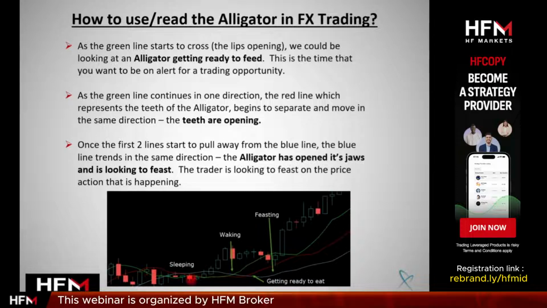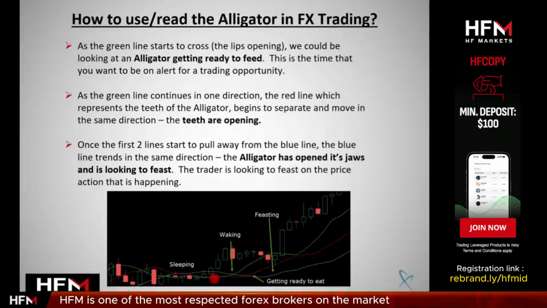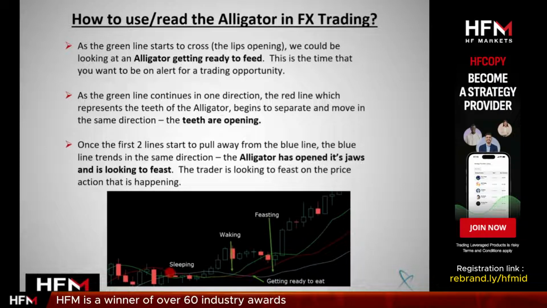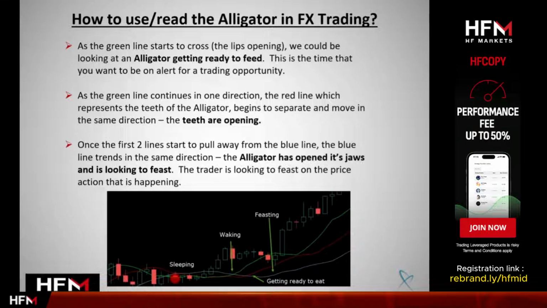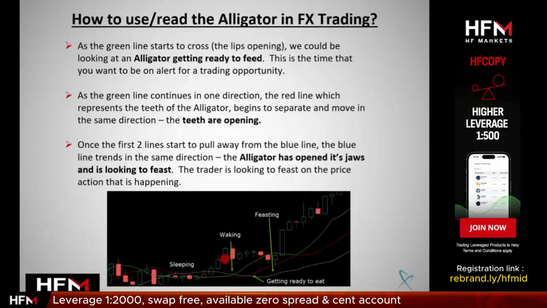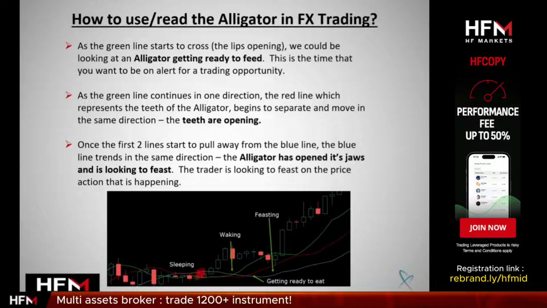So what I mean by that is, one second. Here you have an example where the lines are heavily intertwined, okay? And they're really, really close to each other, because here on the left side, you see really heavy consolidation into a really, really narrow price range. So here the Alligator is sleeping, okay? Now here, you see that the price is seeing a bit more movement. This may have been some medium impact news or heavy impact news that didn't really surprise the market.